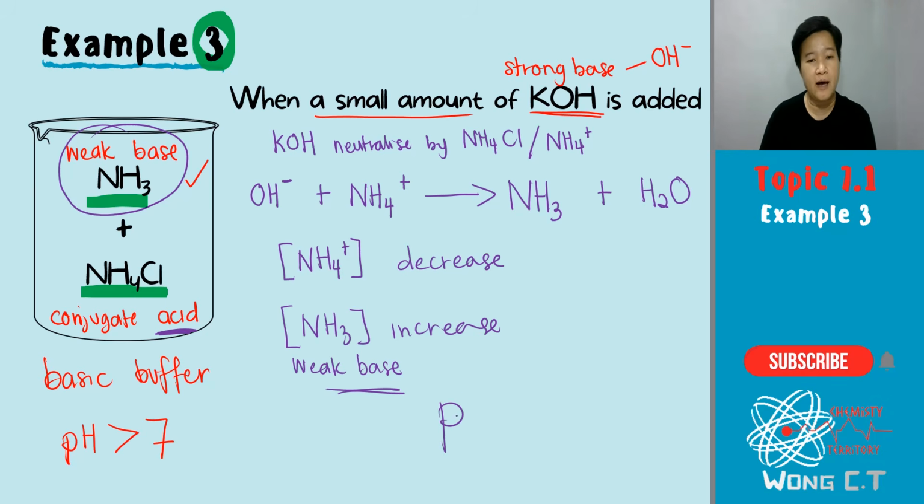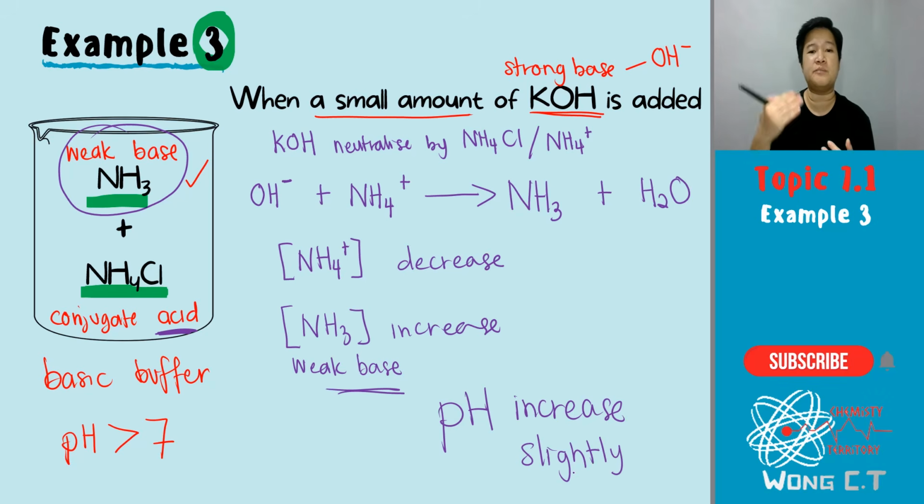What do you think happened to the pH? pH will definitely increase slightly. Why increase slightly? Because it's a base. When it's a base, the pH will always be slightly higher, right?